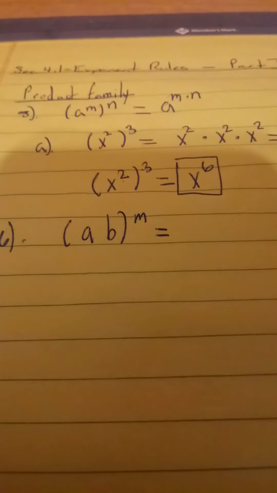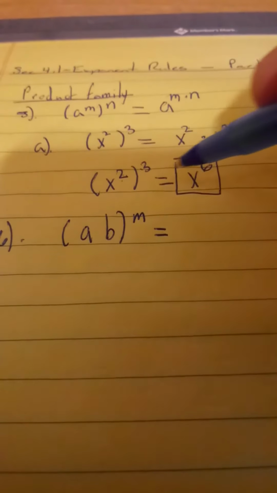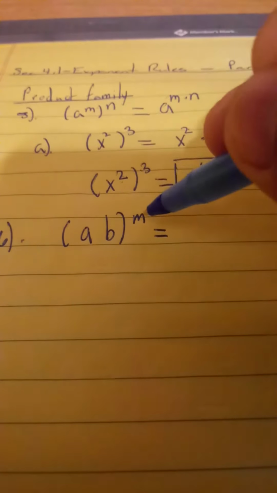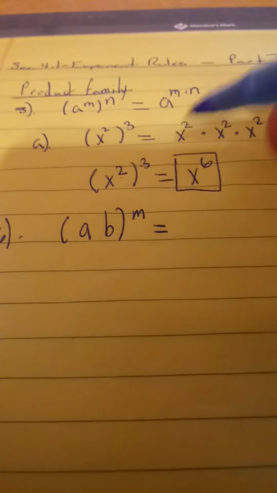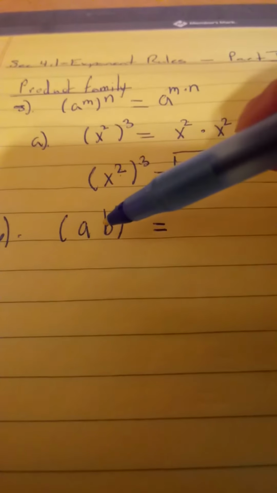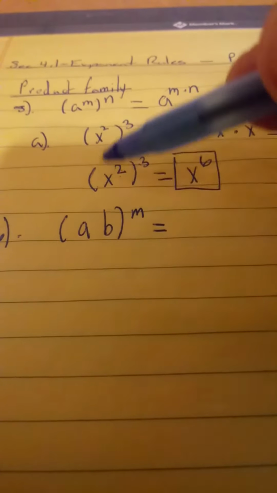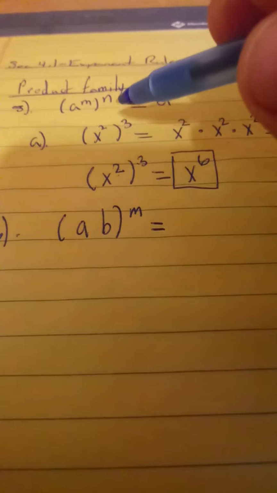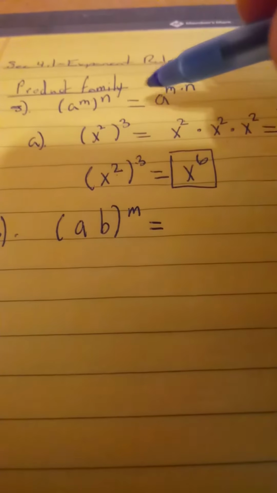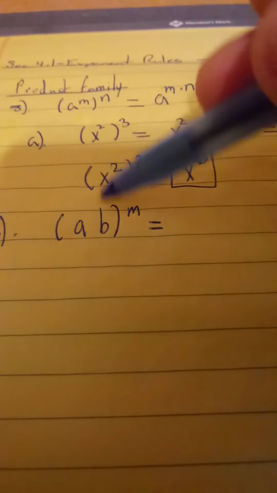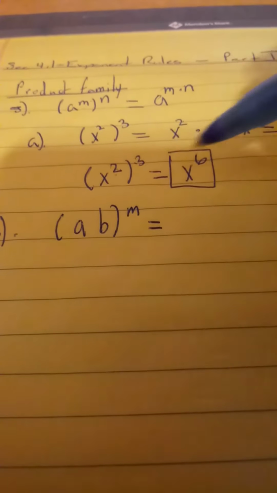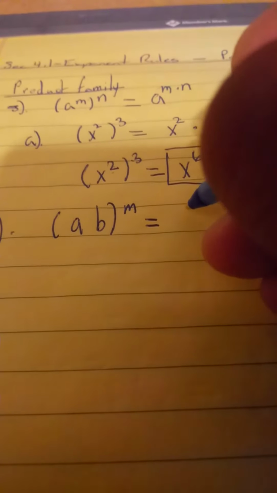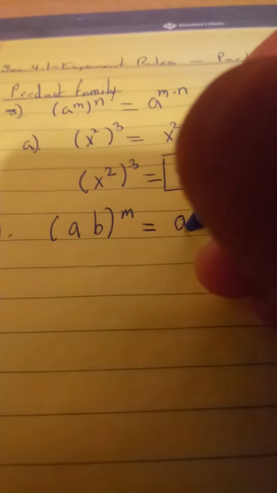Well, in this particular example, you're going to distribute that exponent to each of these bases. Now, normally these bases won't be by themselves. You're going to have to join this with that other rule that we had. So typically these two exponent rules are going to work together. For right now, it's just simply distributing the exponent.